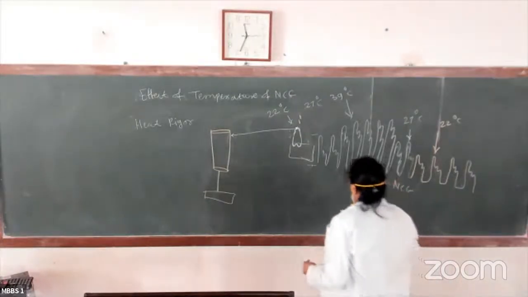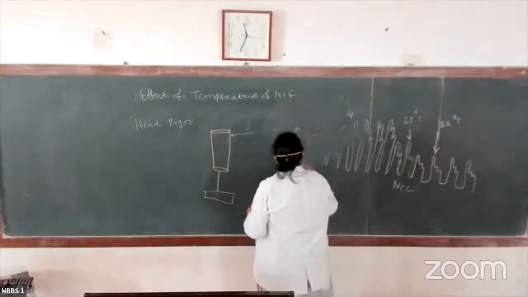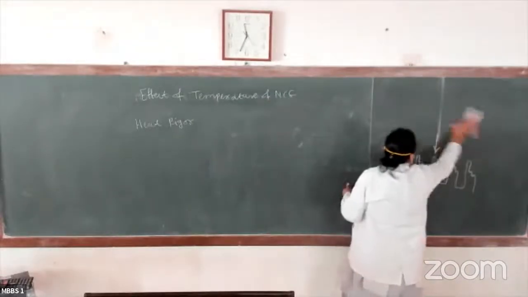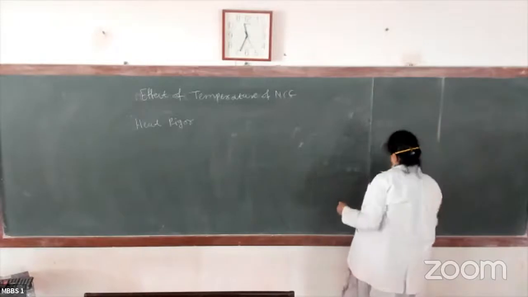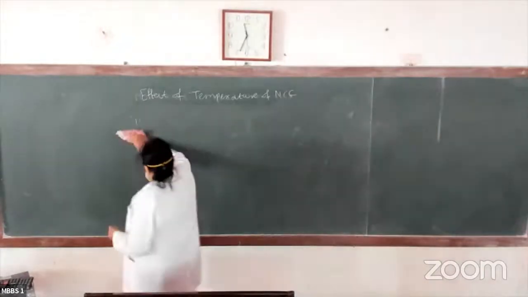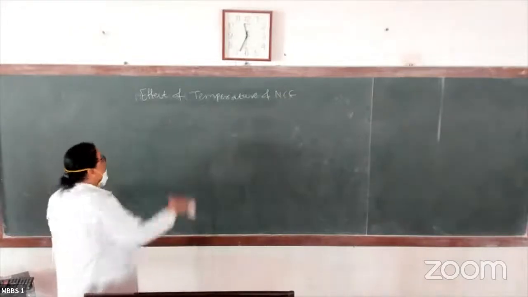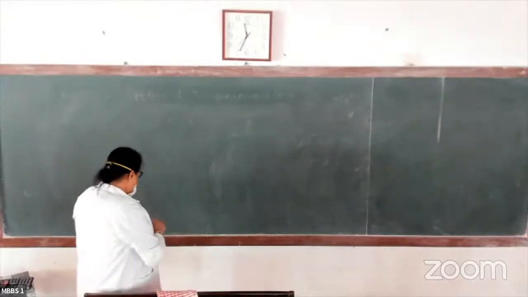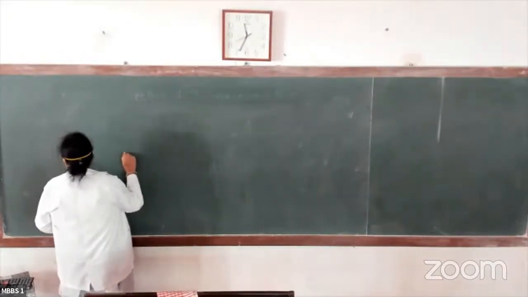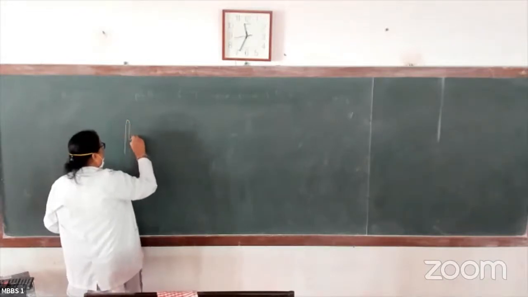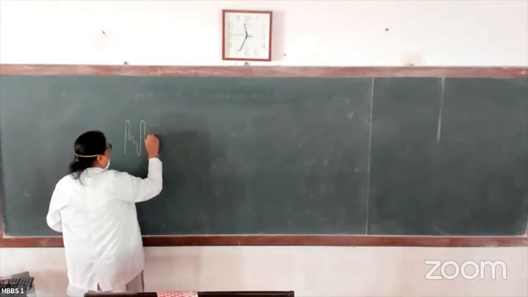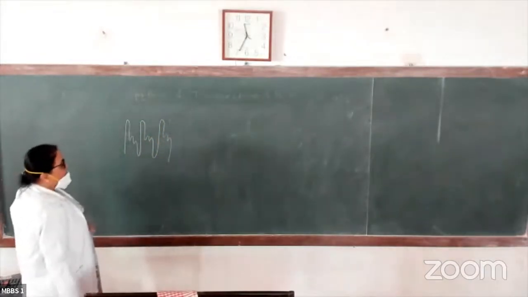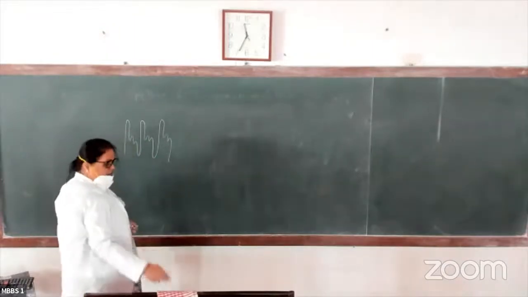I will draw the graph, both of which you have to draw in your journal. First the normal cardiogram, and then on fast speed and slow speed, both.